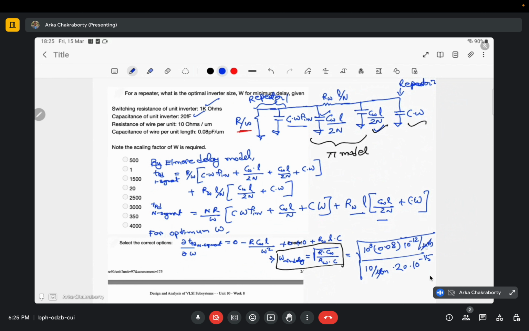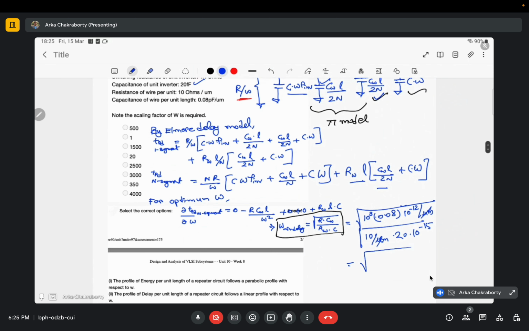So micro will cancel, so what I will get is root under 0.08 times 10 to the power minus 12 plus 3, which is minus 9, and here minus 15, divided by 2.